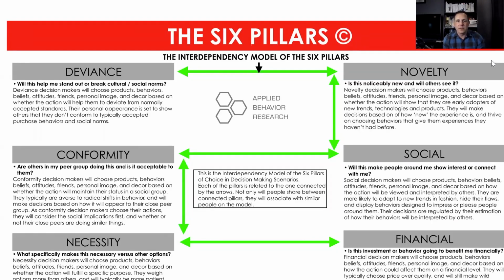The novelty person, are people going to see this brand new iPhone if I cover it up? No. So I'm going to get a clear case so everyone knows that I've got the iPhone 11 Pro, or I just got the brand new whatever Google phone is out. And the social, will this make people around me show interest or connect? The social person's looking and saying, what's going to draw attention?